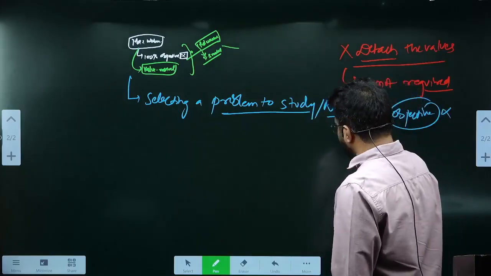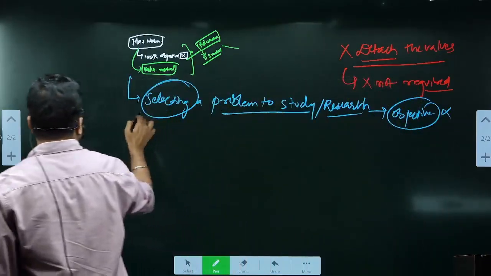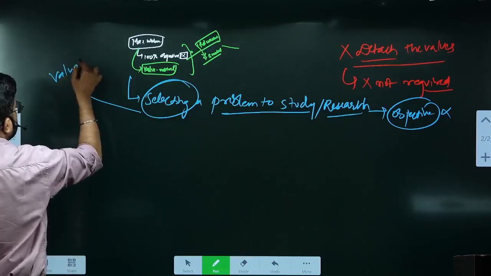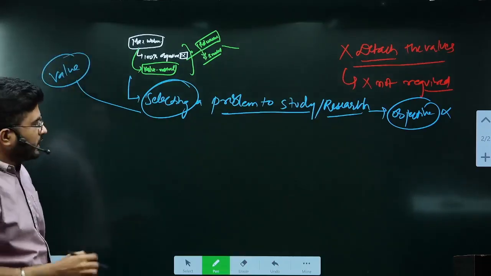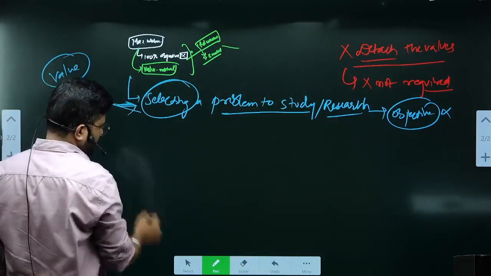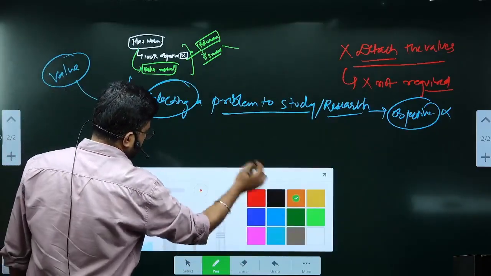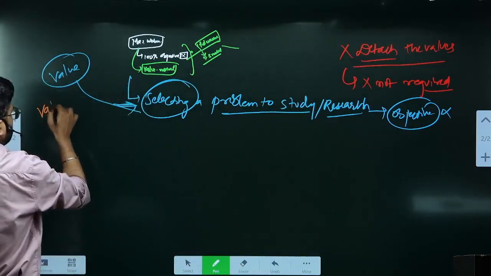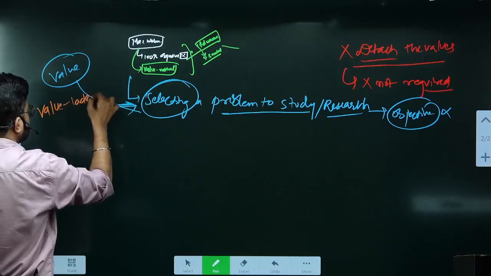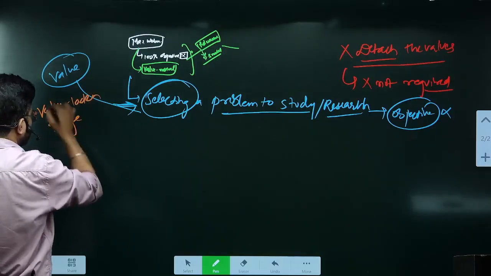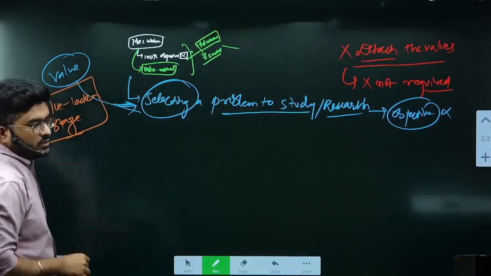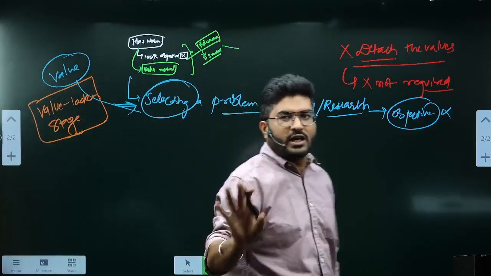The selection itself will be based on values. So this stage is a value laden stage. This stage is a value laden stage. So here you cannot detach from values.